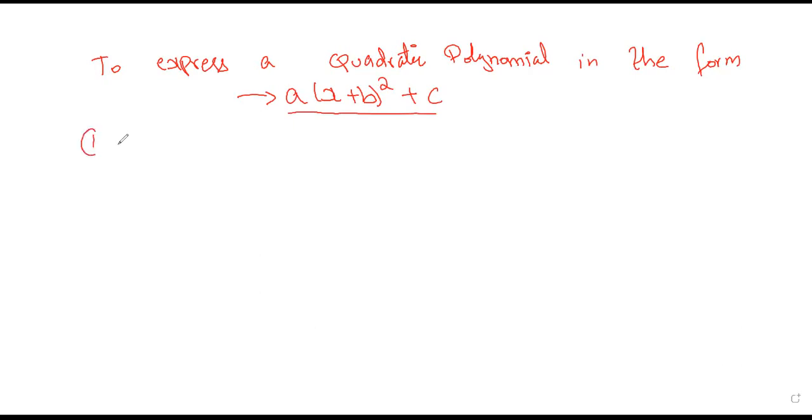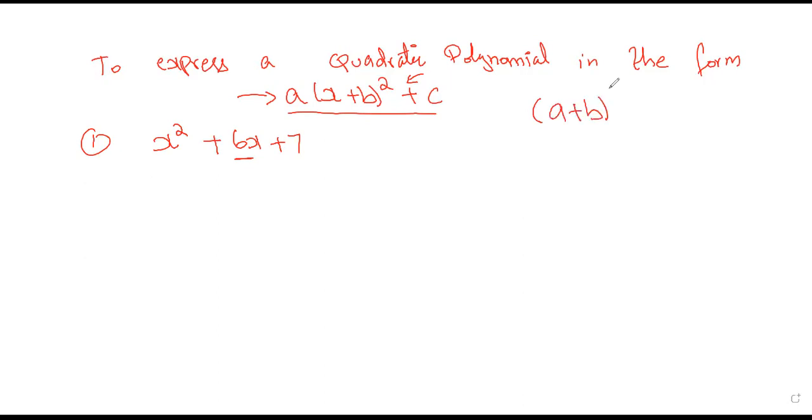First example is x square plus 6x plus 7, right? Now you have to express it this way. Let's do it. In this case, we need to talk about this identity. Are you guys familiar with this?